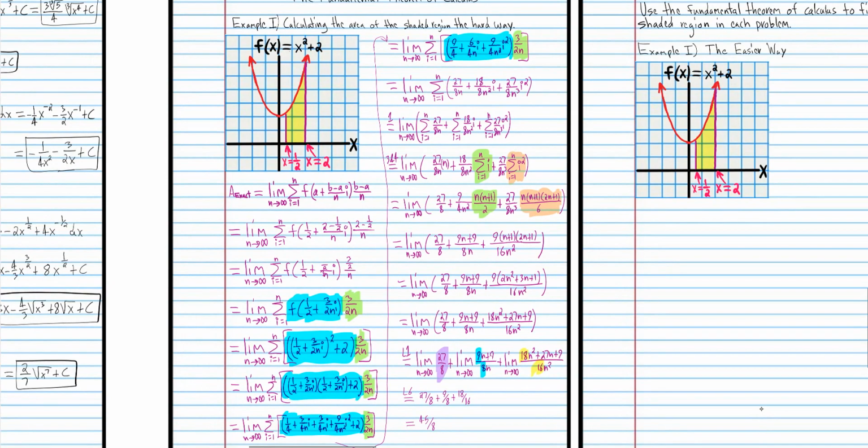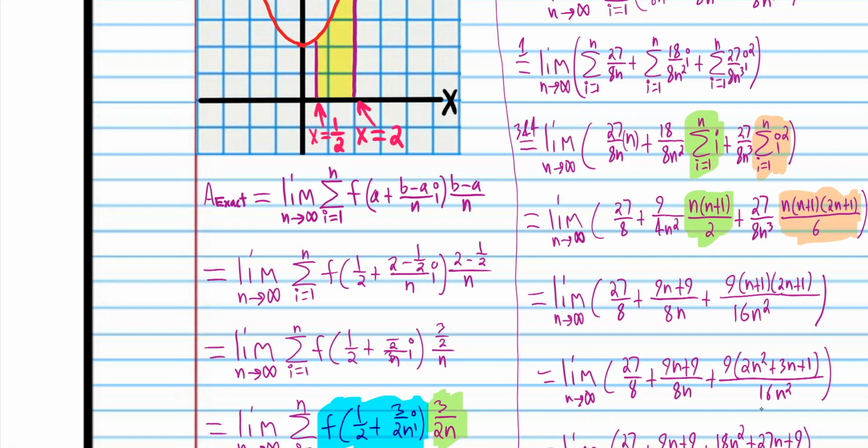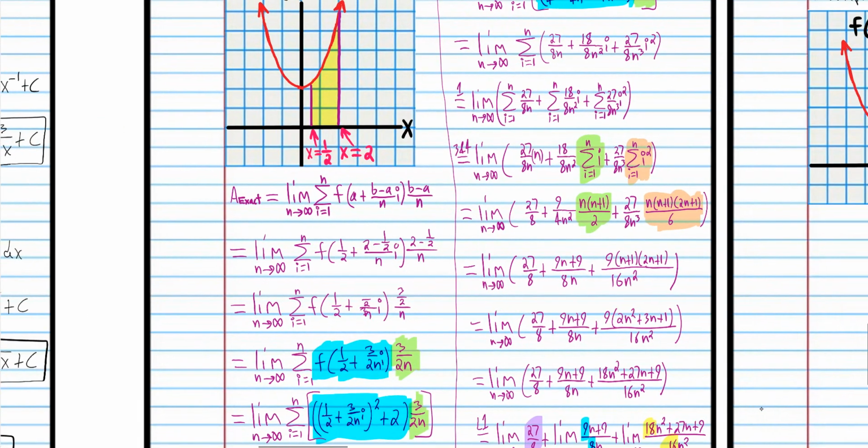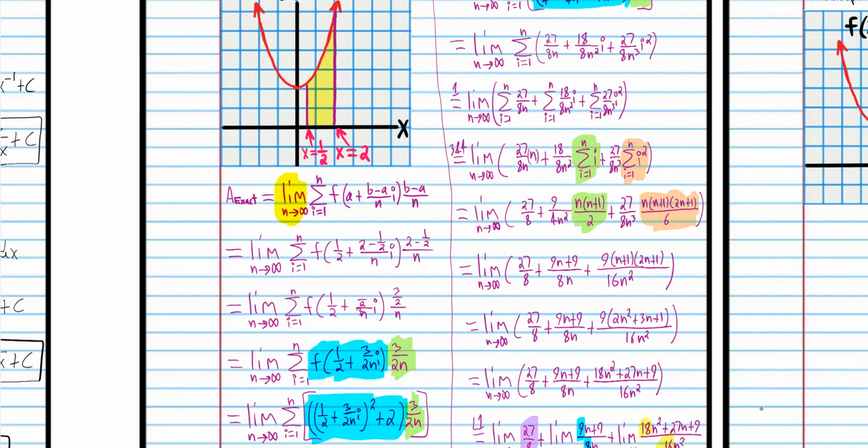We took up an entire page just doing all this math, and we used, of course, this formula here. You probably remember that formula. And we were able to find the exact area by evaluating the limit as the number of rectangles approach infinity.